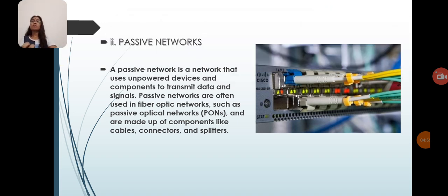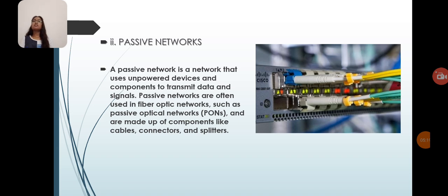And here are some characteristics of passive networks. Unpowered: passive networks don't require any electrical power to transmit signals. And static: passive networks are more static and predetermined than active networks, which can make them easier to manage.